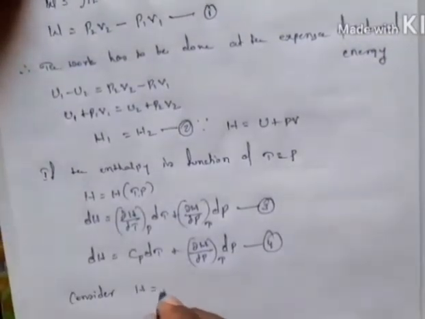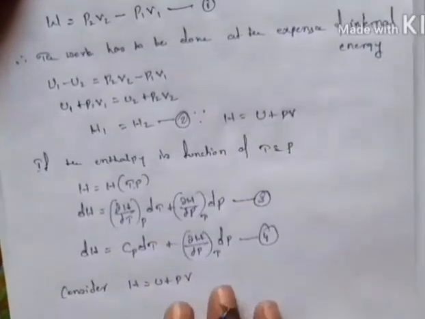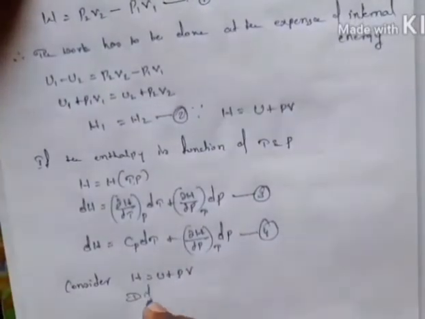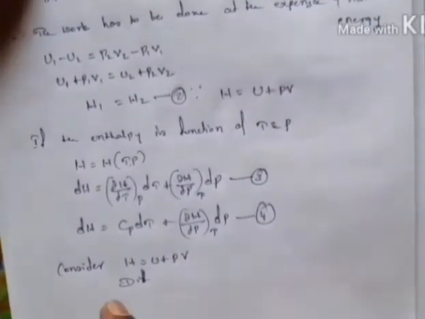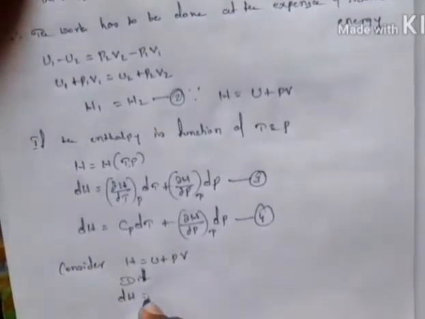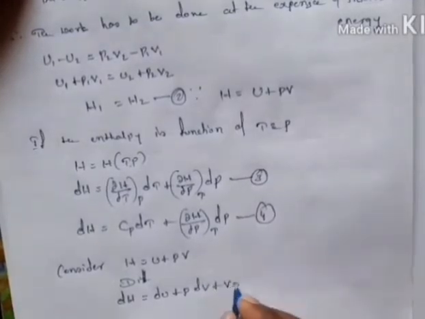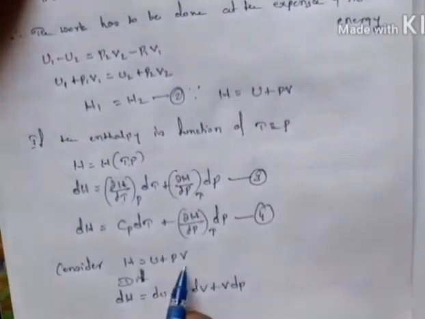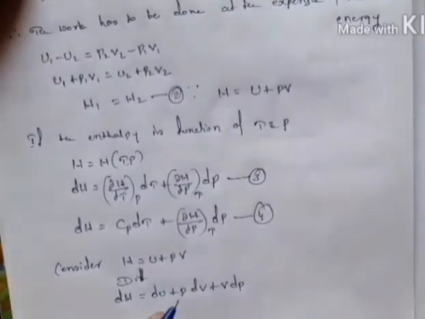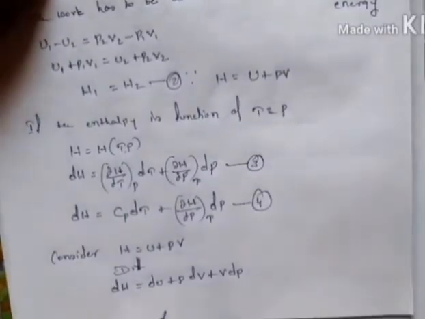H is equal to U plus PV. Now differentiate the above expression, we are going to get dH is equal to dU plus P dV plus V dP. So here are two terms. By the product rule we have to apply for the differentiation.